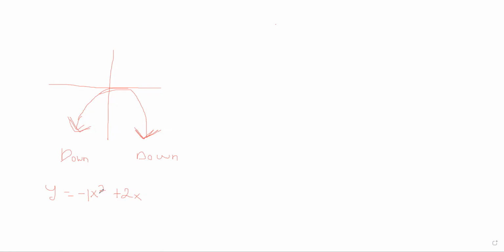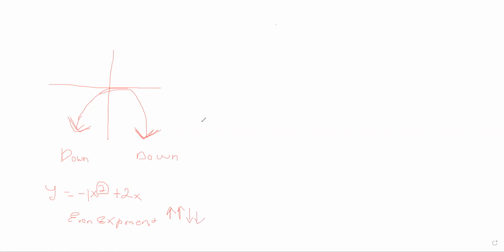Well, we also need to look at its exponent. The exponent here is 2, which is an even number. So when you have an even leading exponent, the highest exponent, you're either going to have an up end behavior or a down end behavior.